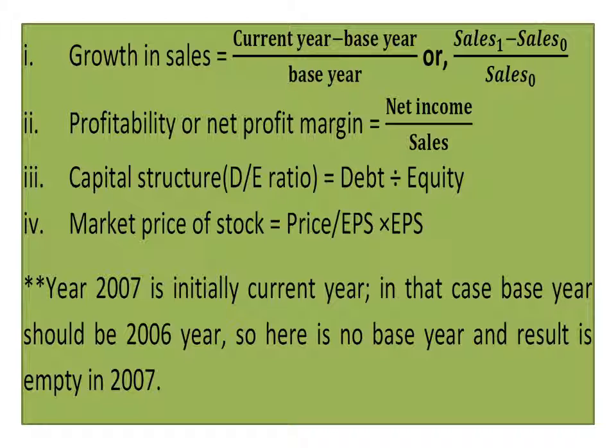Number 2, profitability or net profit margin, net income divided by sales. Number 3, capital structure, debt equity ratio equals debt divided by equity. Number 4, market price of stock, price divided by earning per share into earning per share. So in 2007, which is initially the current year, the base year should be 2006. So there is no base year and the result is empty in 2007.